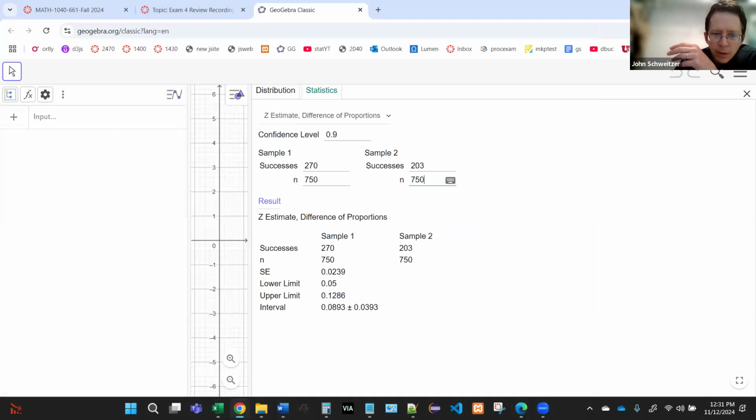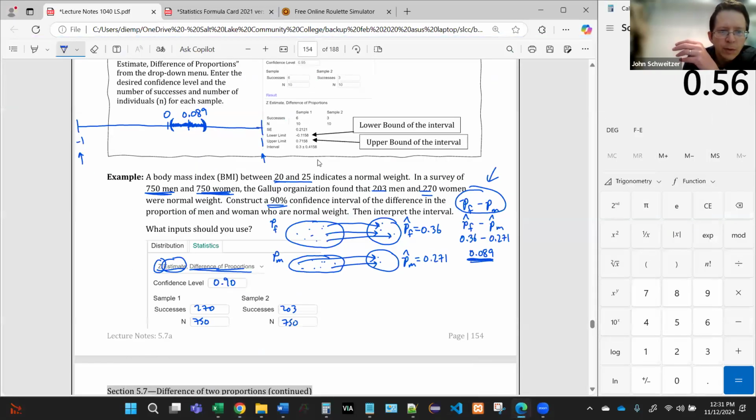It was 0.0893 plus 0.0393, for a right endpoint of 0.1286. Then we take that same margin of error and subtract it from the point estimate, which gives us 0.050.